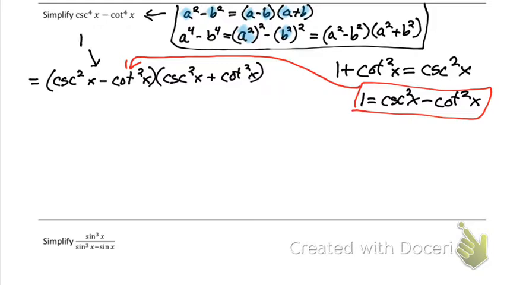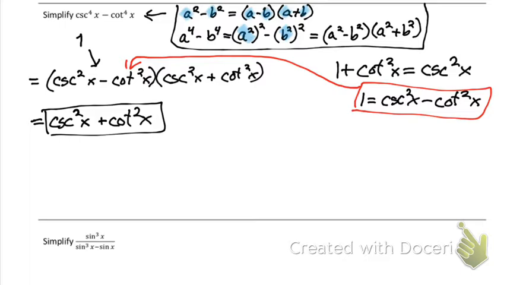So that whole thing just equals 1. And that's actually how far we can go. That is fully simplified. If you change it into sine and cosine, you're not going to be able to go any further than that. You're actually going to complicate stuff because you won't be able to push it together.